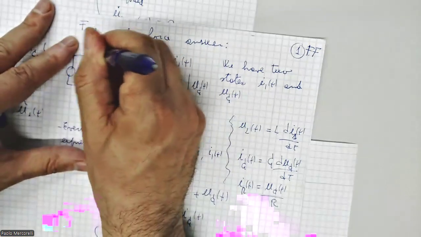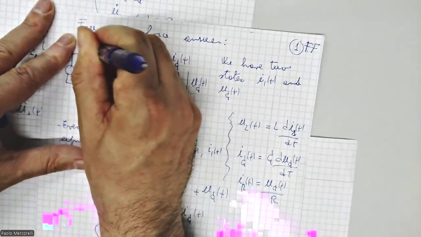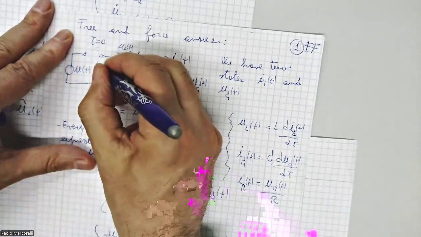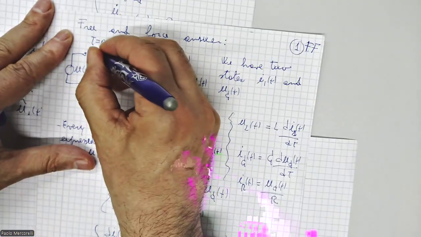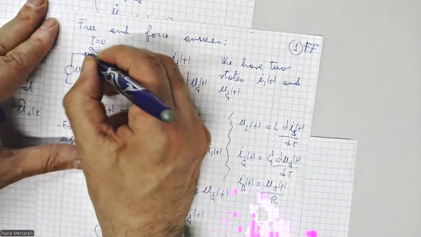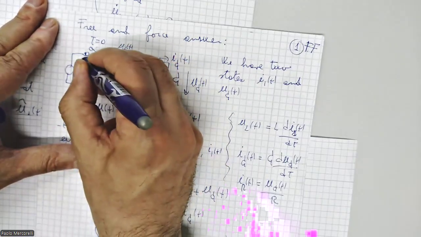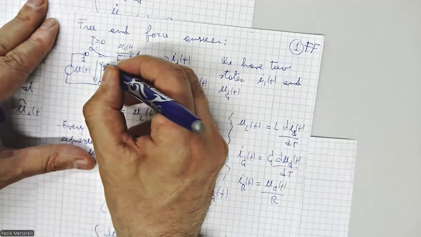Typically, we can use a different formula to represent both. Forced, if I close here in position 1, and free if I close in position 2.